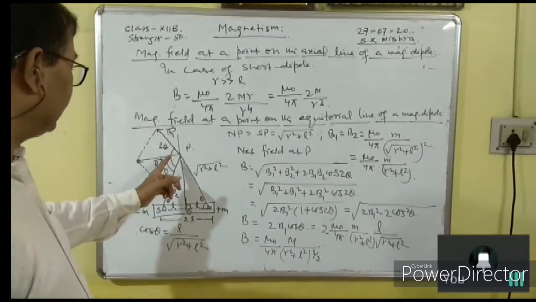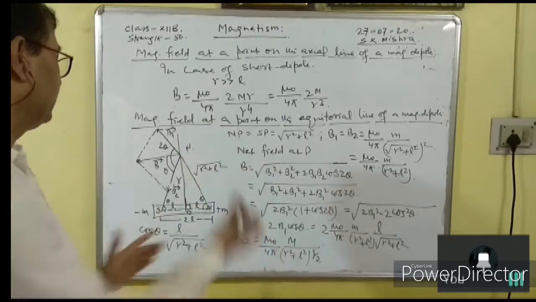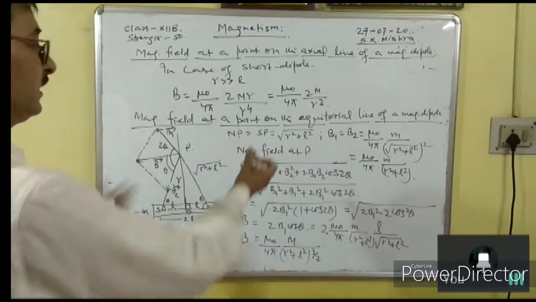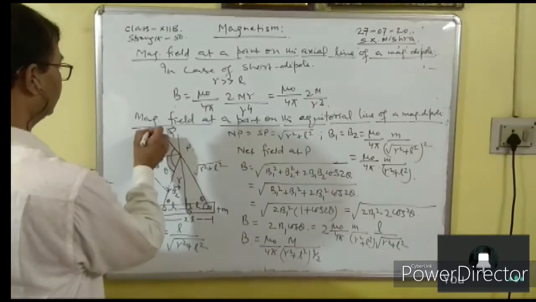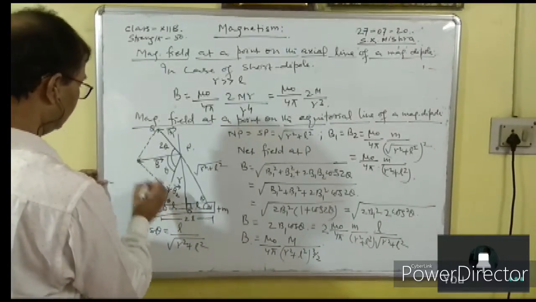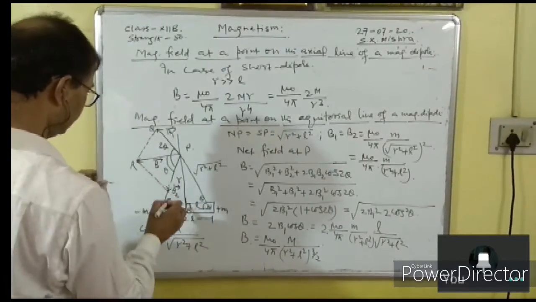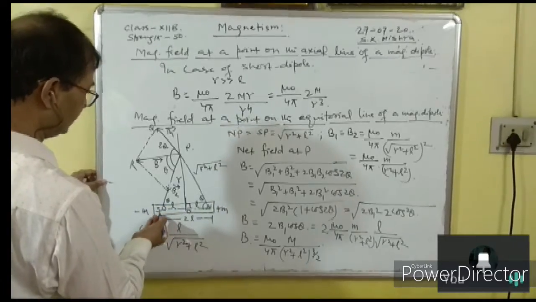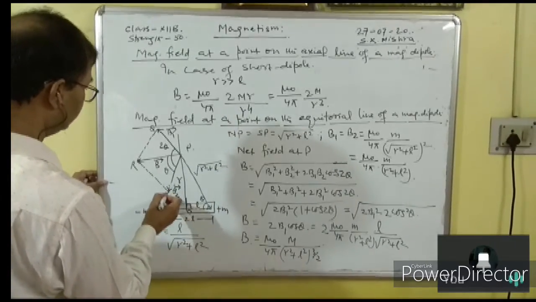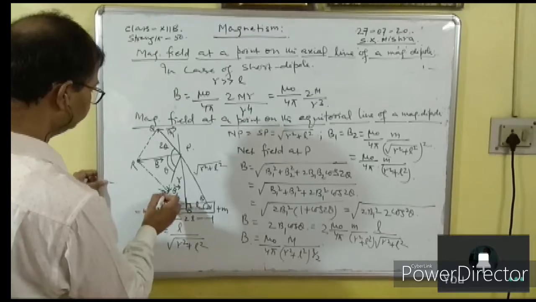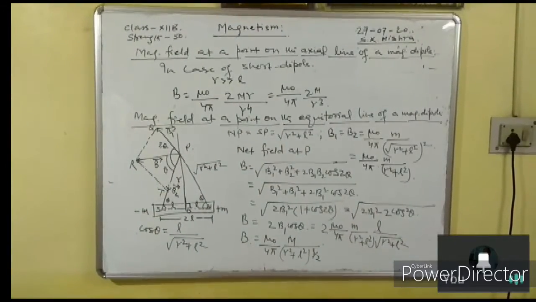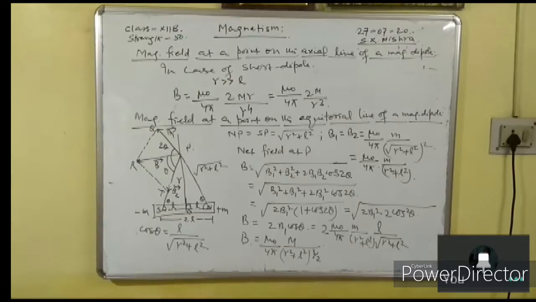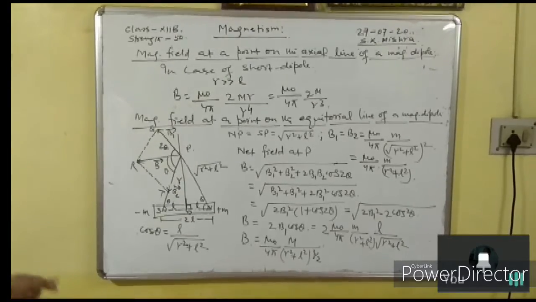So then B equals the net field. Net field at B. So B is equal to the square root of B1 square plus B2 square plus 2 B1 B2 cosine of the angle between B1 and B2.